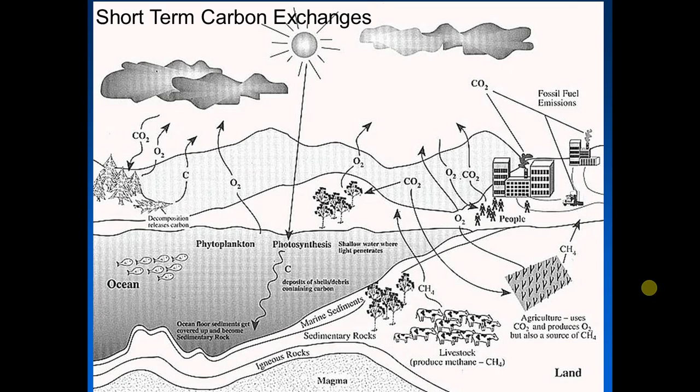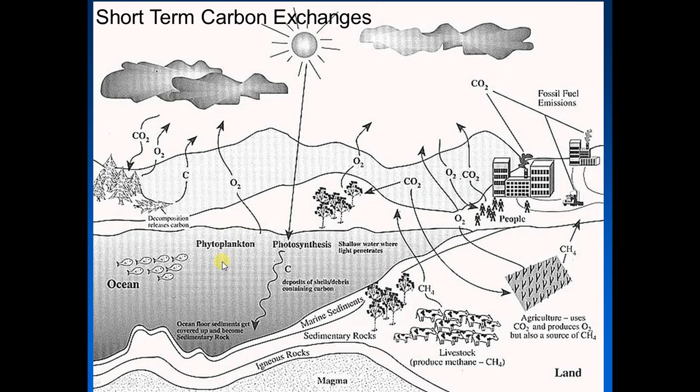Okay, so these are some different examples of the short-term carbon cycle, right? Here's trees taking in carbon dioxide, releasing oxygen during photosynthesis. Tree dies, turned down or turned sideways, decomposes, releases carbon back to the atmosphere. And then the carbon it releases to the atmosphere combines with oxygen to produce carbon dioxide.